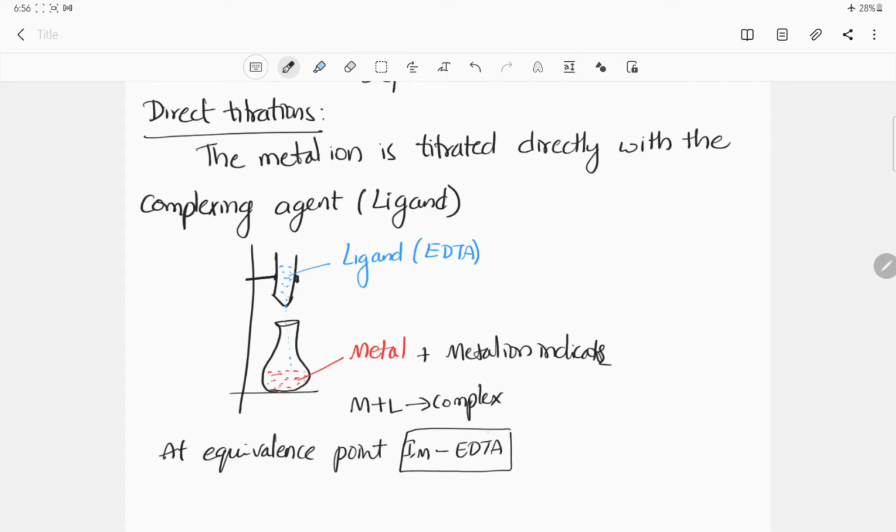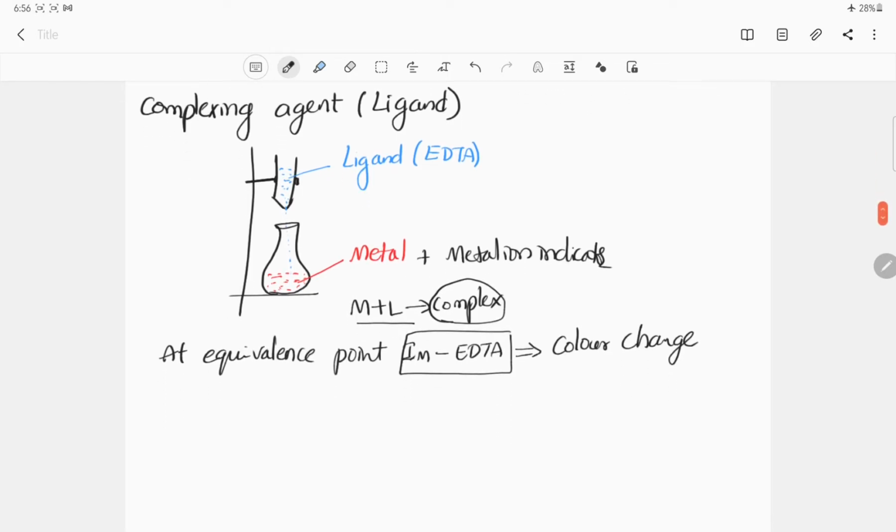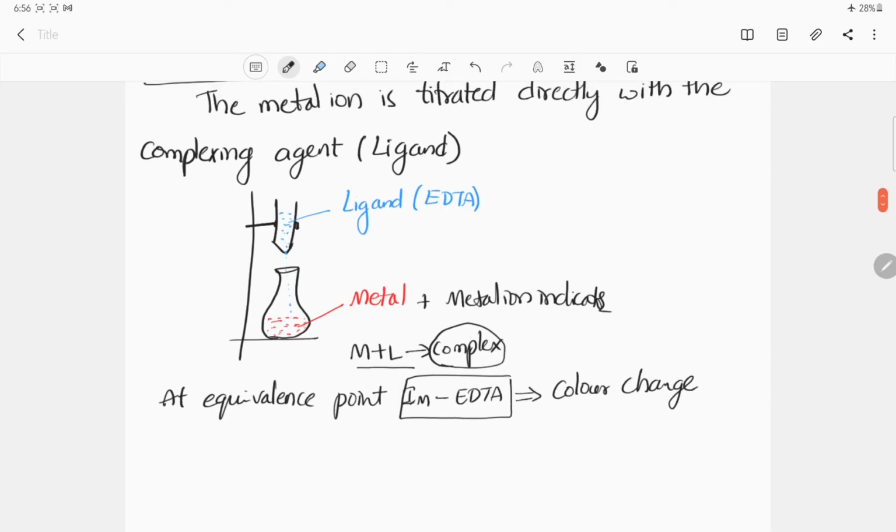When all the metal has been utilized to form a metal complex, there is no metal left to react with EDTA. The next drop of EDTA will react with the metal ion indicator and results in a color change. And we'll note the burette reading. We'll calculate the amount of metal which is present in the sample.